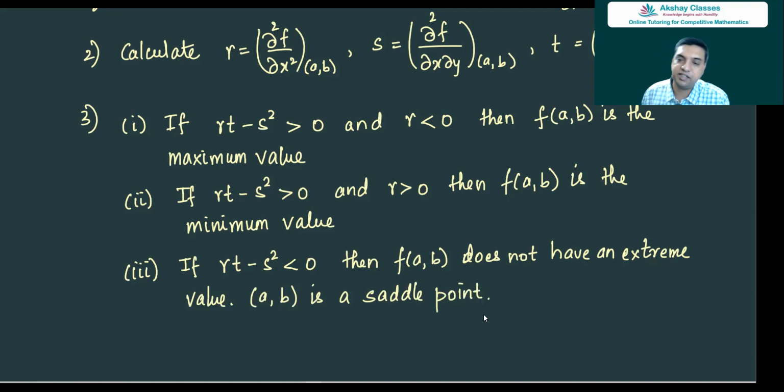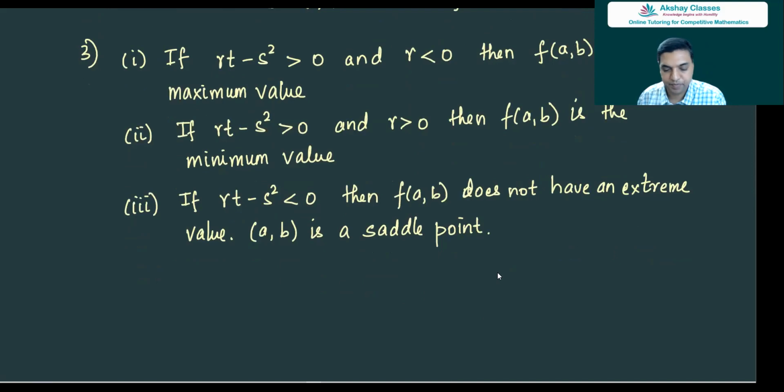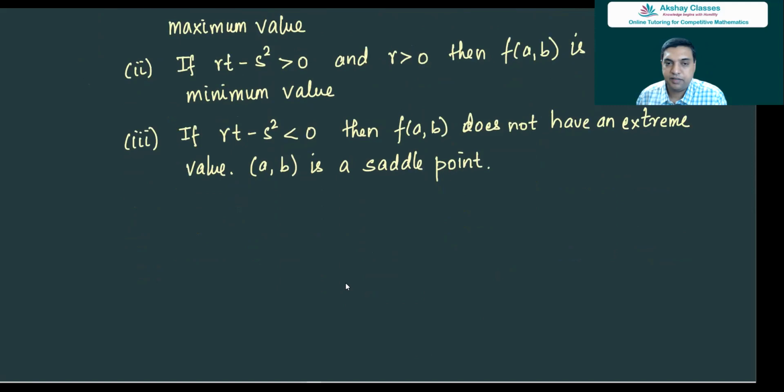A comma b is a stationary point, but it is a saddle point because along different paths you get a comma b as the point of maximum and point of minimum. So it's a saddle point. It's like a point of inflection where the derivative is 0, but it is neither a point of minimum nor a point of maximum in functions of a single variable. So a saddle point is like a point of inflection.